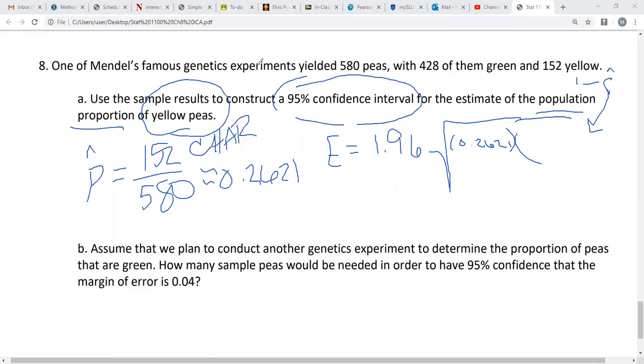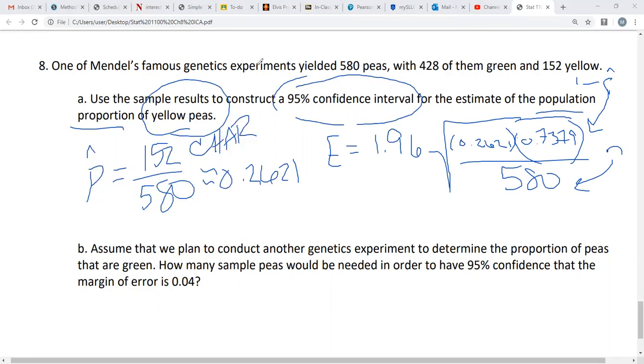We're taking 1 minus that P hat value. We should have 0.7379 all over N, which is the 580. Remember, that would be our little n, so the number in the sample.